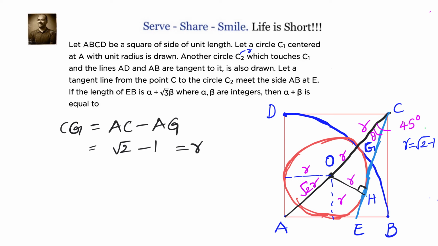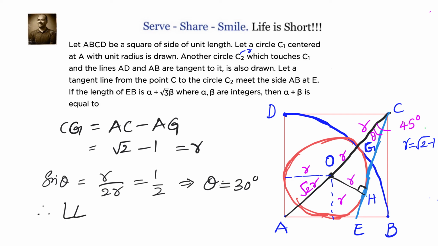We also know that angle ACB equals 45 degrees because in a square the diagonal divides 90 degrees into two equal parts, 45 and 45, at vertices A and C. So from that we can clearly see that sine theta equals r by 2r, which gives 30 degrees. So if angle ACB is 45 degrees and angle OCE equals 30 degrees, then angle ECB will be equal to 15 degrees.